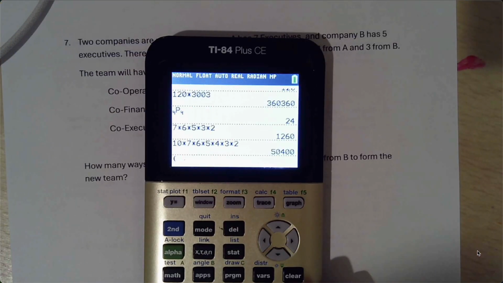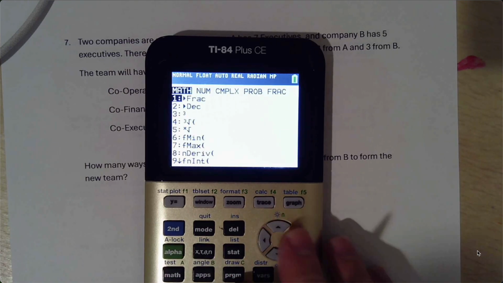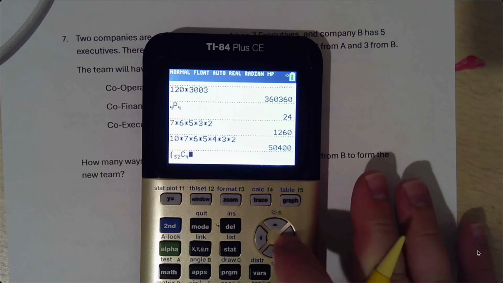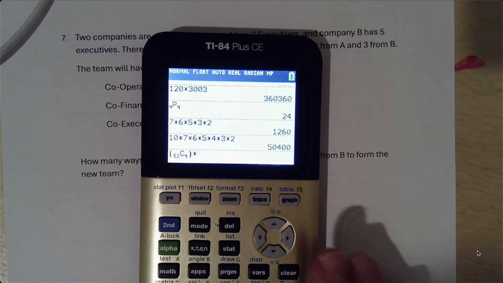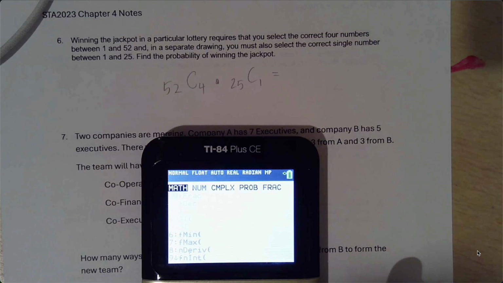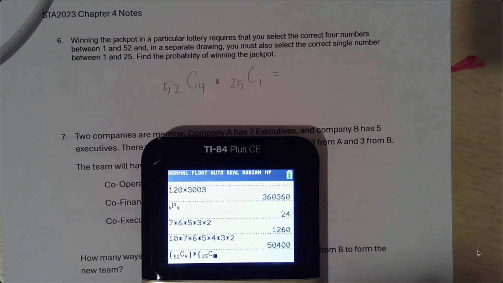I can say, okay, I've got my 52, and I want to choose 4 of them, and put that all in parentheses, and multiply that by, I've got my 25 for my extra special number, and I just want to choose one of them.